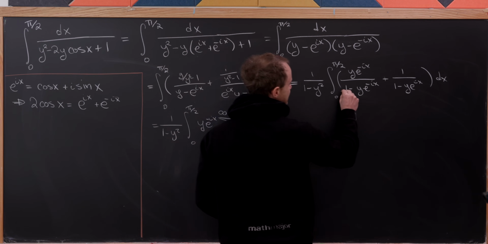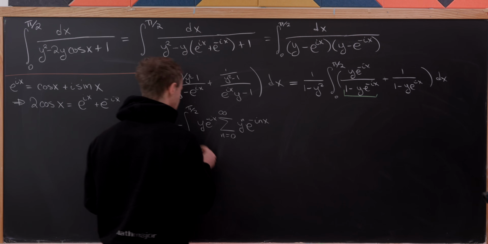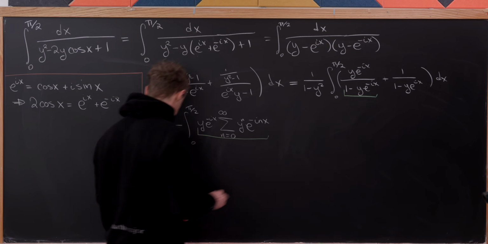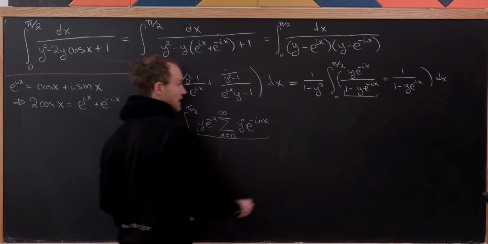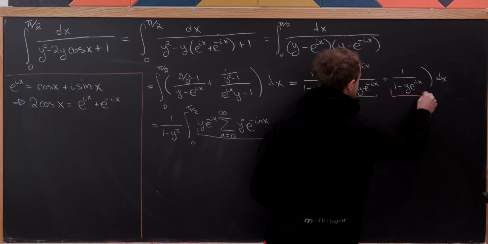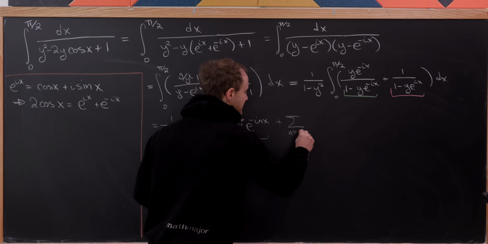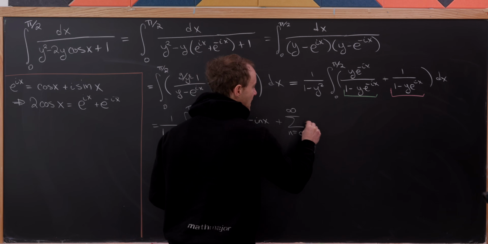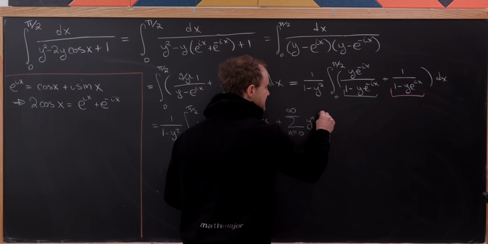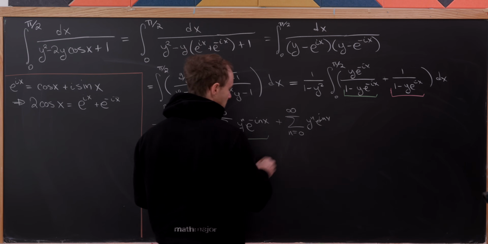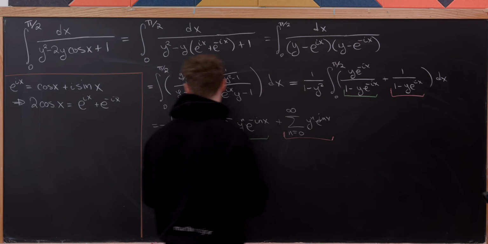So let's color code this. So this term right here has been expanded into this infinite sum. And then likewise, we'll expand this second term as well. And that'll expand as the sum as n goes from 0 up to infinity of y to the n e to the inx. Okay, great.